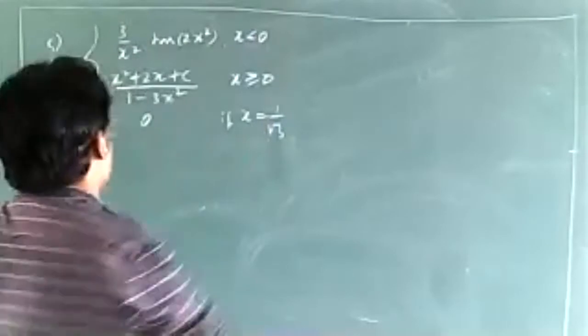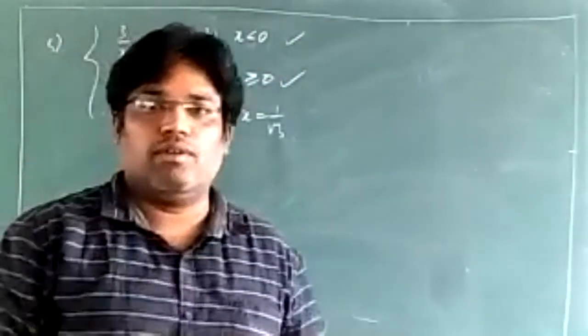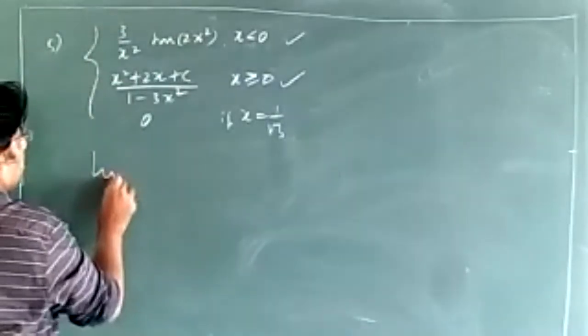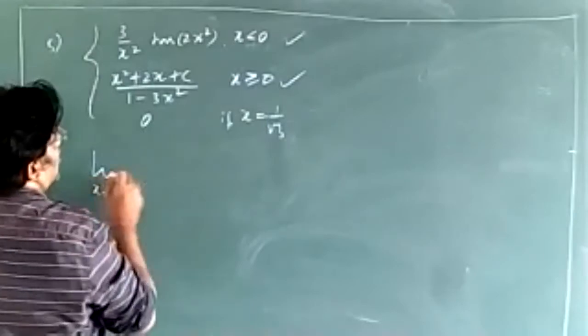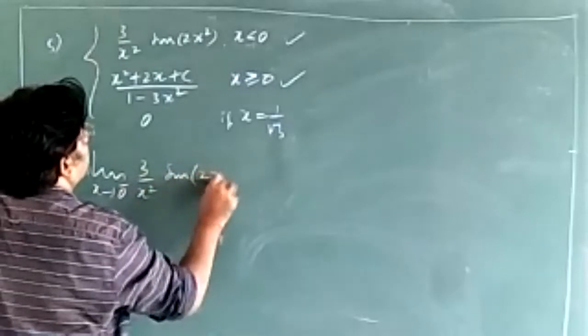So you write down the consideration for less than 0, greater than 0 and equal to 0. It is continuous only when the limit as x tends to 0, the left hand limit for the first one, you got 3 by x square into sin 2 x square.